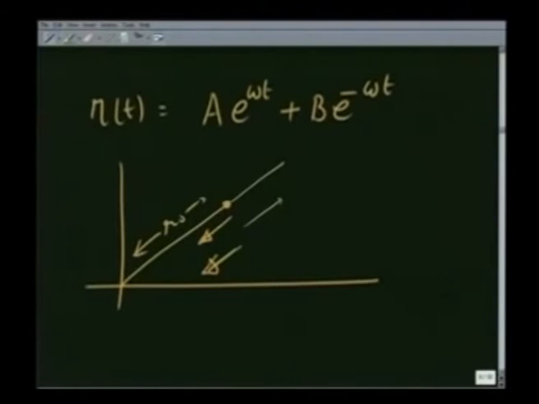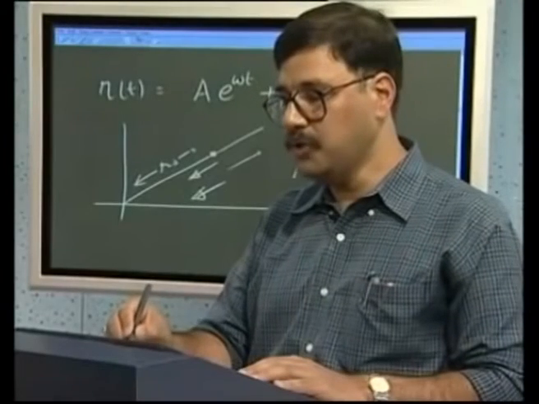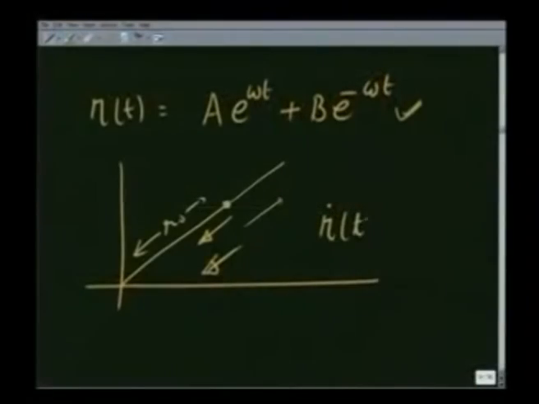This is just an interesting application of this solution. What I am asking is, what should r naught at t equal to 0 be, so that r dot is always less than 0, that is, r keeps on decreasing.